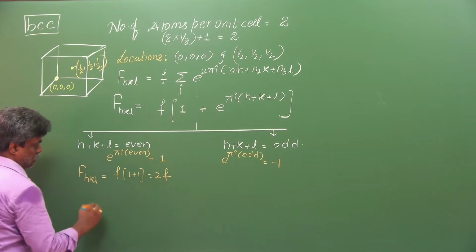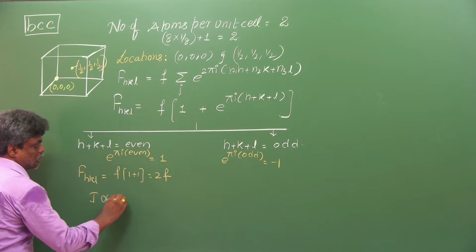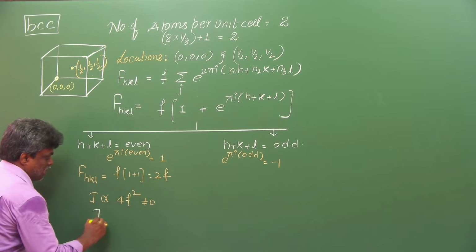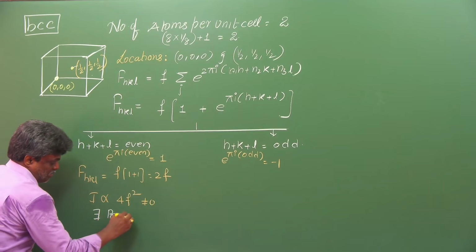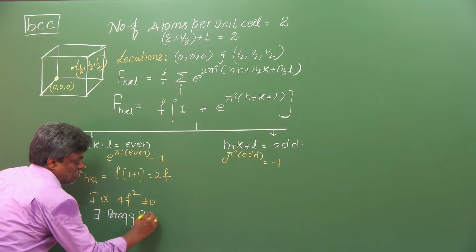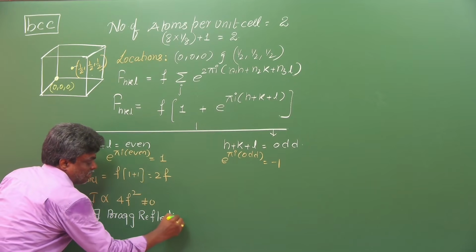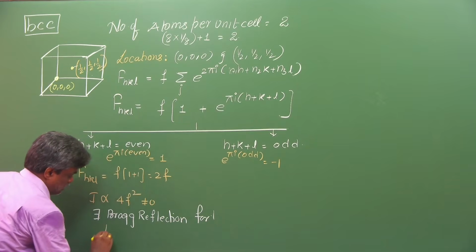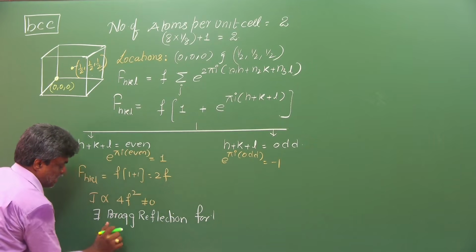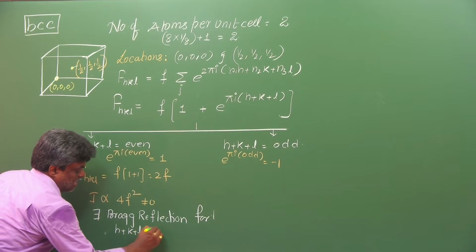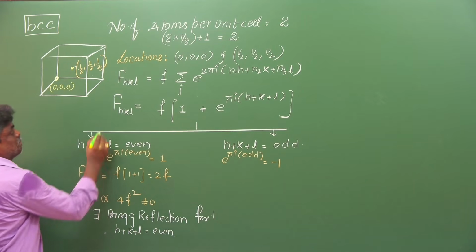Now the intensity is proportional to how much? 0 or non-zero? That means for which planes, H plus K plus L is even and the sum is even.